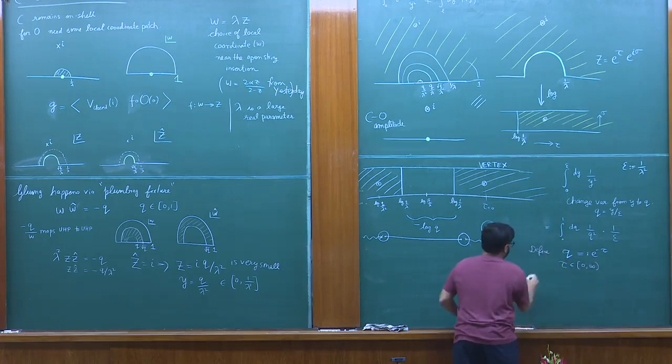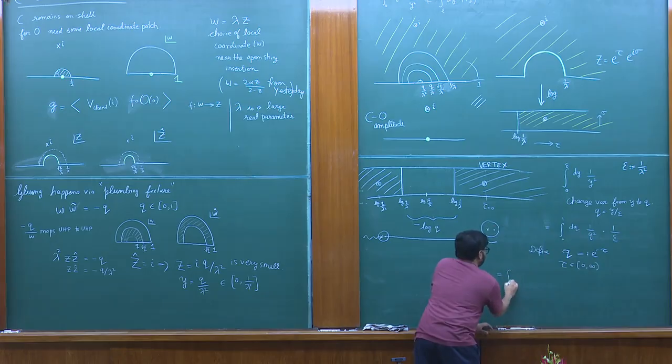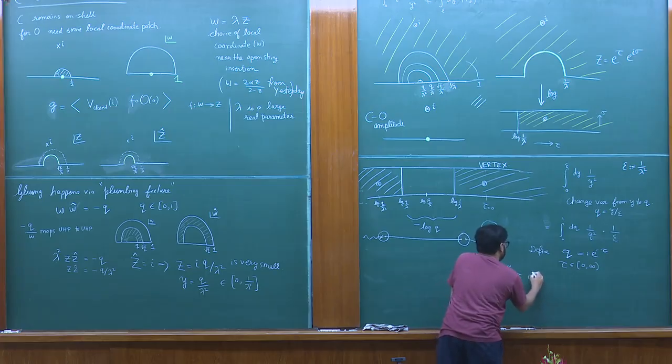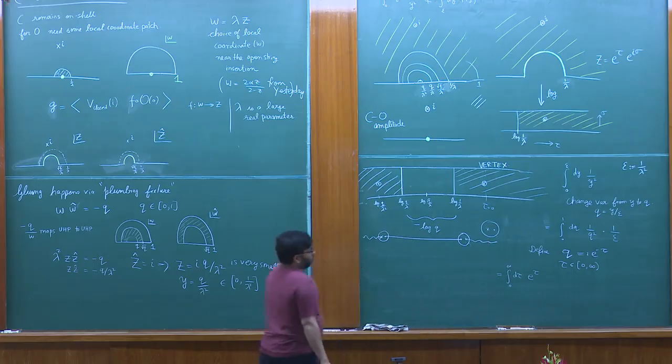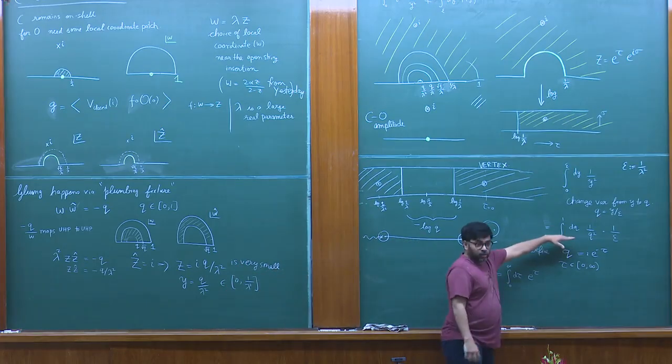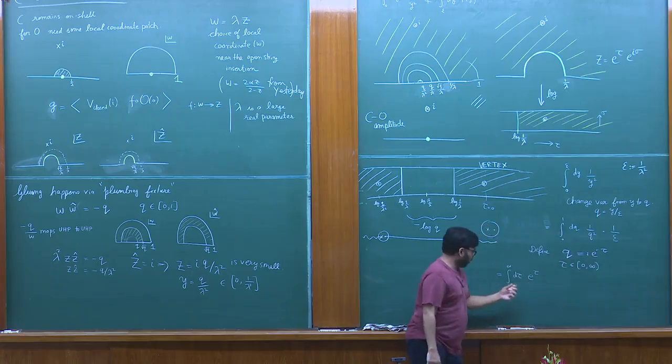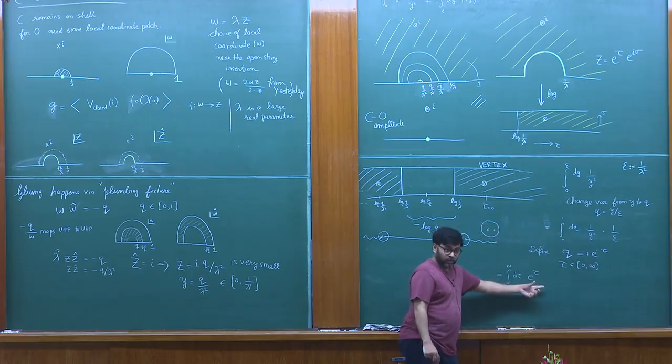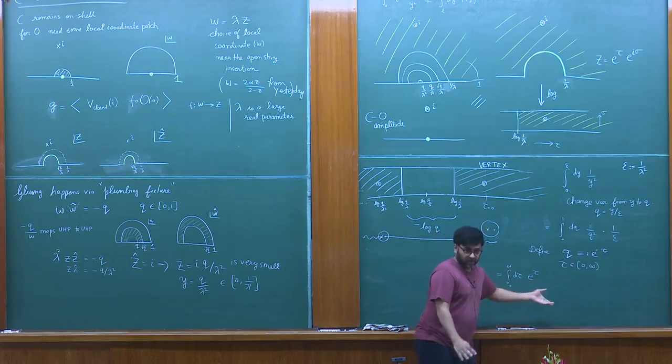And this integral becomes integral 0 to infinity d tau e to the tau. Right? dq by q is d tau, 1 by q is e to the tau. So you get d tau e to the tau. That is, again, just divergent. It's not telling you much.